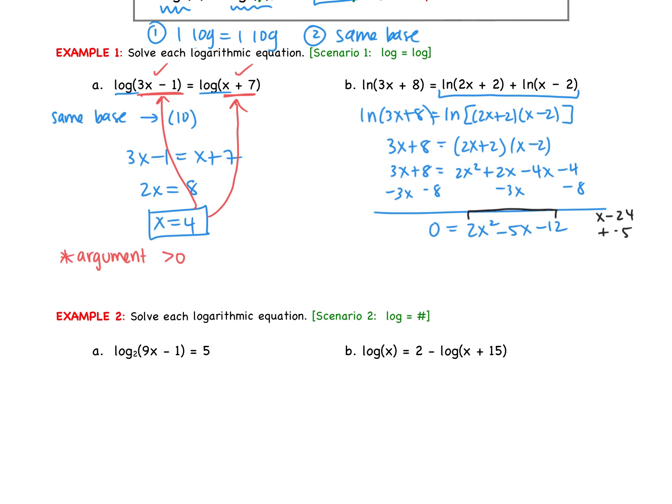Hopefully we can see those numbers are negative 8 and positive 3. So then I bring down the first term, bring down the last term. On the left side, I take out a 2x, and I'm left with x subtract 4. On the right side, I take out a 3, and I'm left with x subtract 4.